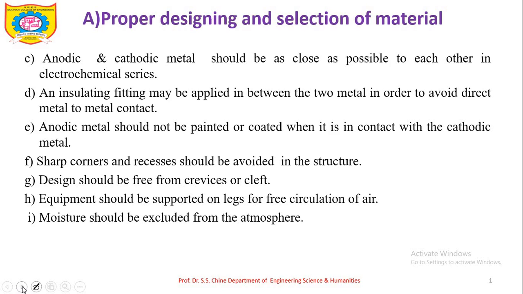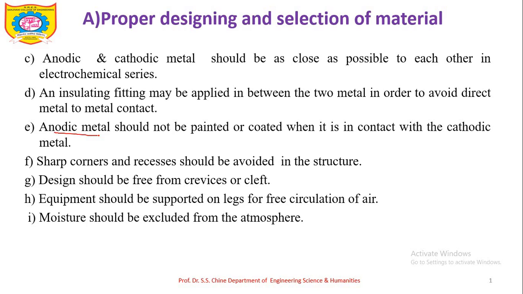The next is anodic metal should not be painted or coated when it is in contact with the cathodic metal. What does it indicate? Suppose an iron plate is taken and painted, and it is in contact with small pieces of copper. Now if the paint is removed from this anodic metal, the iron, what will happen?